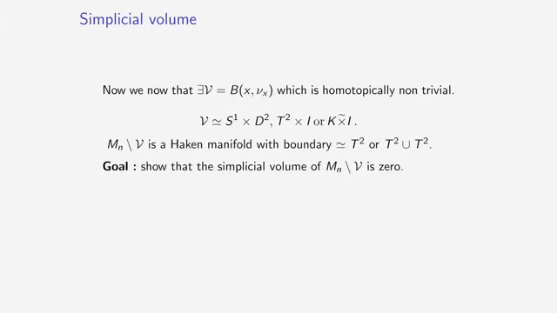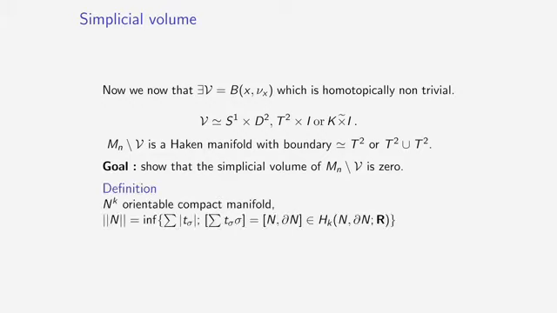So why is that? Let me explain. I wrote a definition of the simplicial volume. Let's think the manifold has no boundary. Just write a fundamental class as a sum of simplices with coefficients in R, take the L1 norm of the coefficients, and take the infimum over all possibilities.